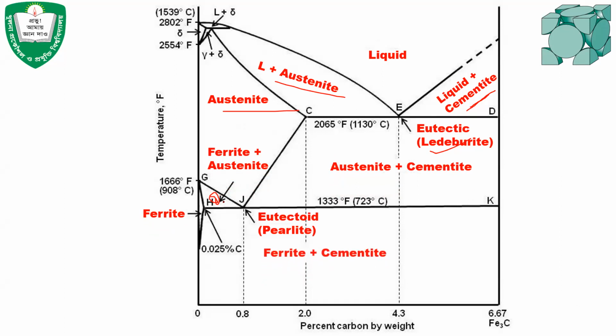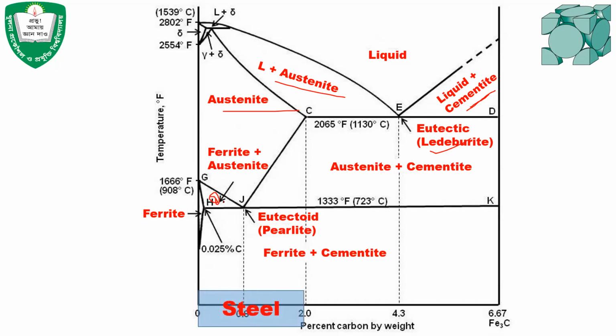After the eutectoid reaction, the microstructure that is formed is called pearlite, which is a mixture of ferrite and cementite, that is, iron carbide and alpha iron.